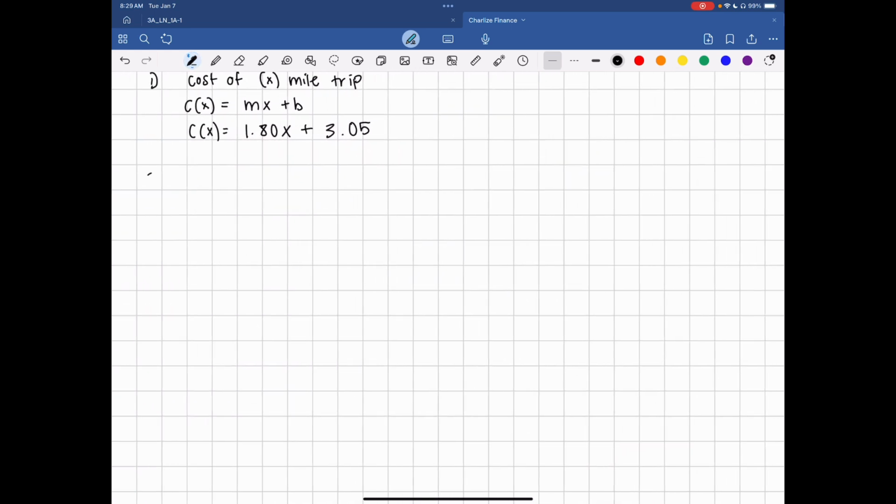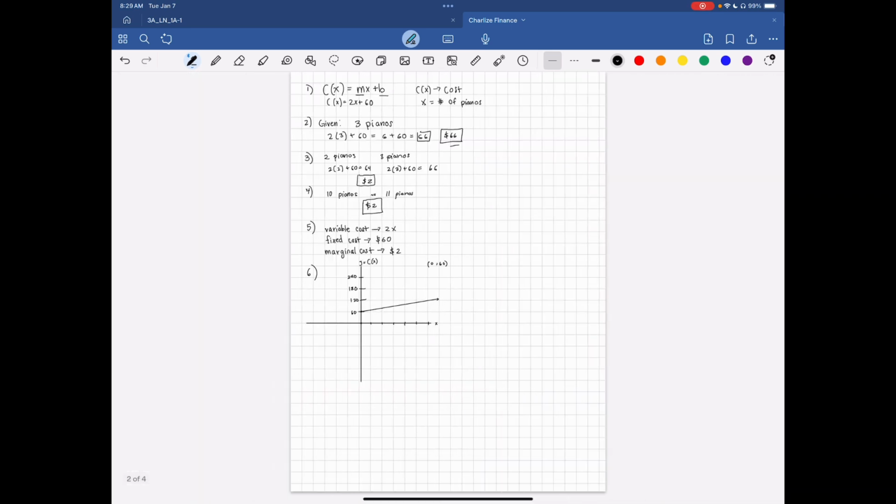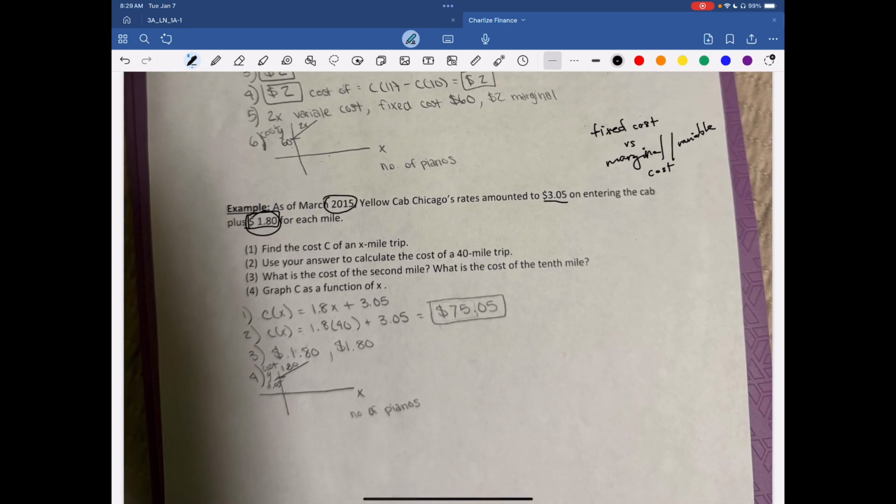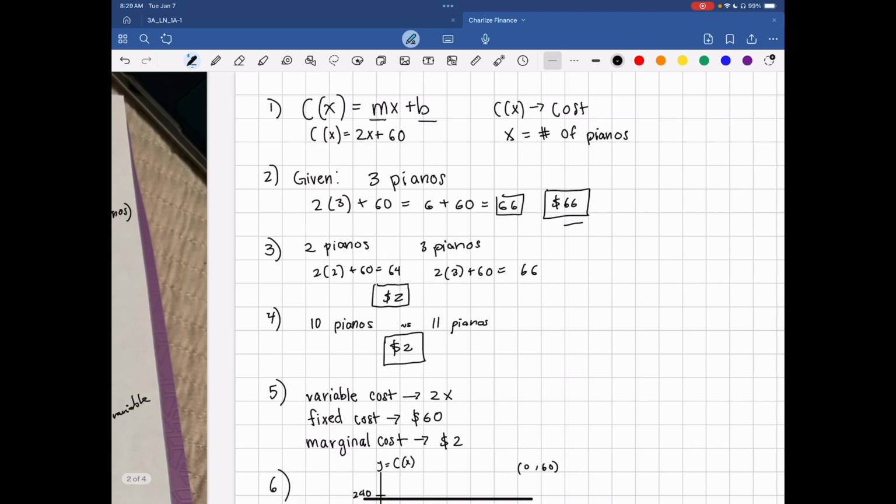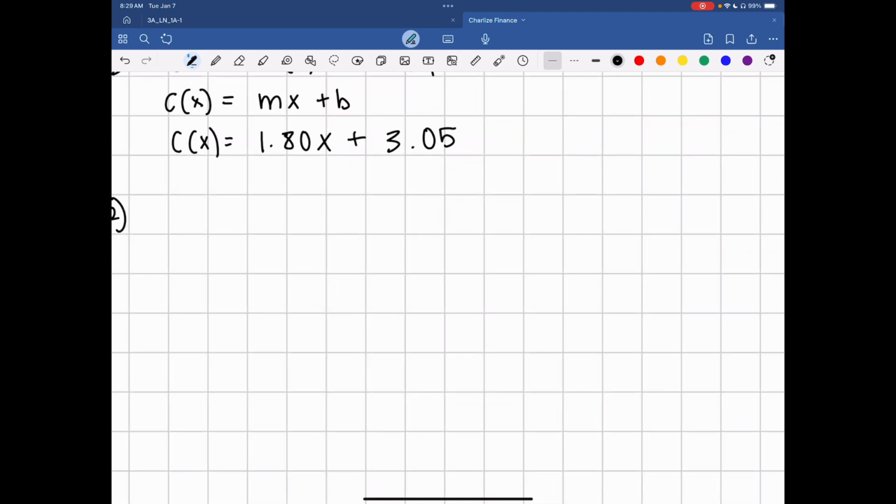For number two, use your answer to calculate the cost of a 40-mile trip. So 40 miles.